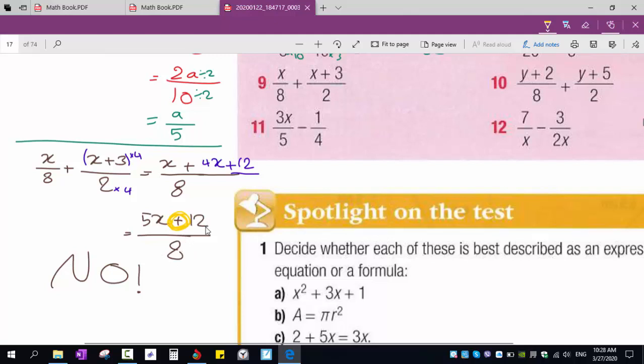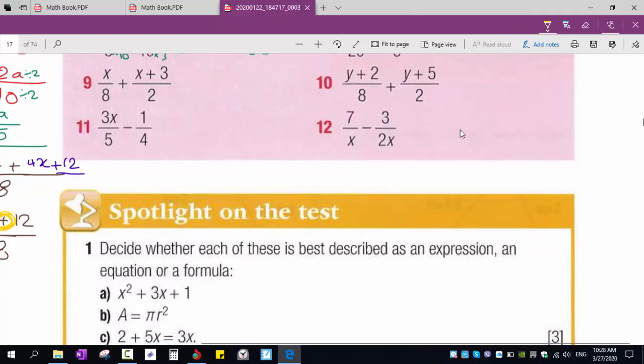For now, it's impossible to divide the 12 and the 8 by 4, because this 12 is not alone. It has 5x with it. Since we cannot divide the 5x by 4, it's impossible to do the simplification.